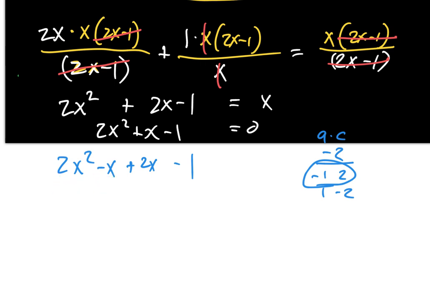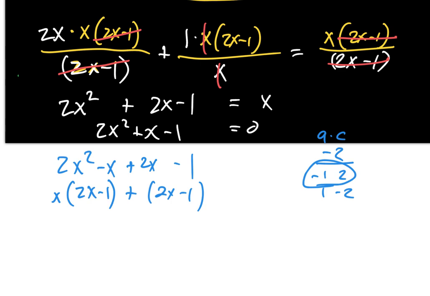Do they have a common factor? Yes, they do. They both can be factored out in x, leaving me with 2x minus 1. Does this second set have a common factor? No, they don't. So it's going to be plus 2x minus 1.